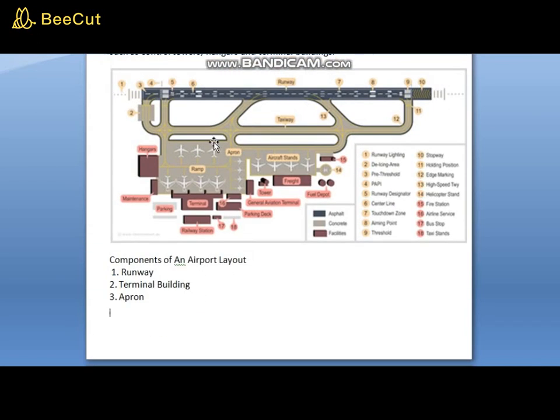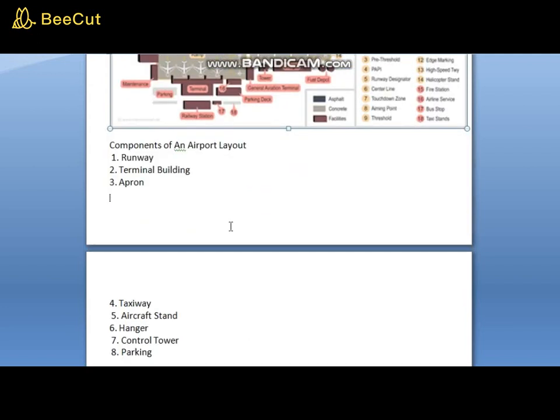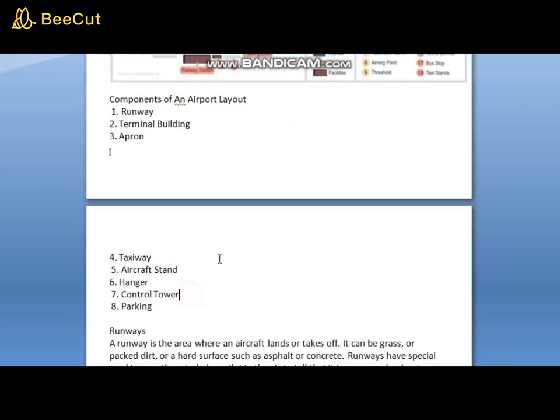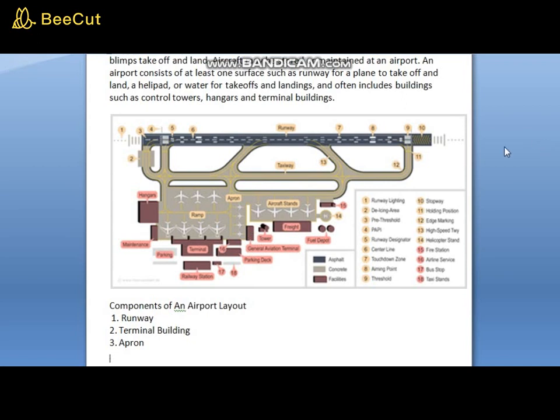Hangar. Hangar is over here. The next, control tower. Where is the control tower in this? See, control tower is over here. Okay, parking area.